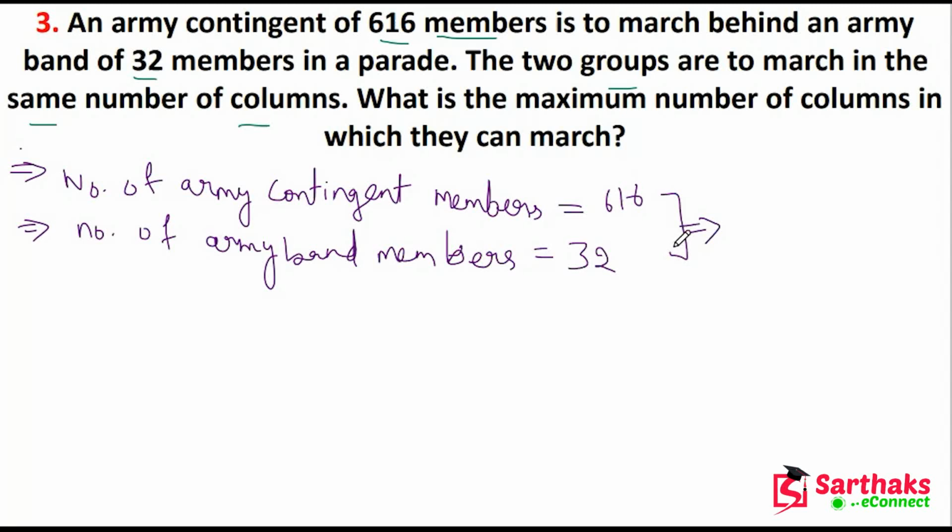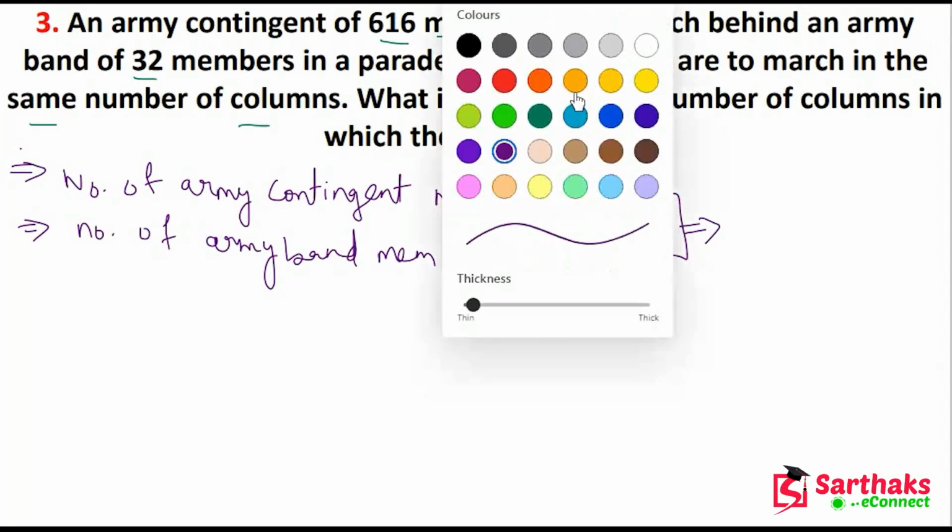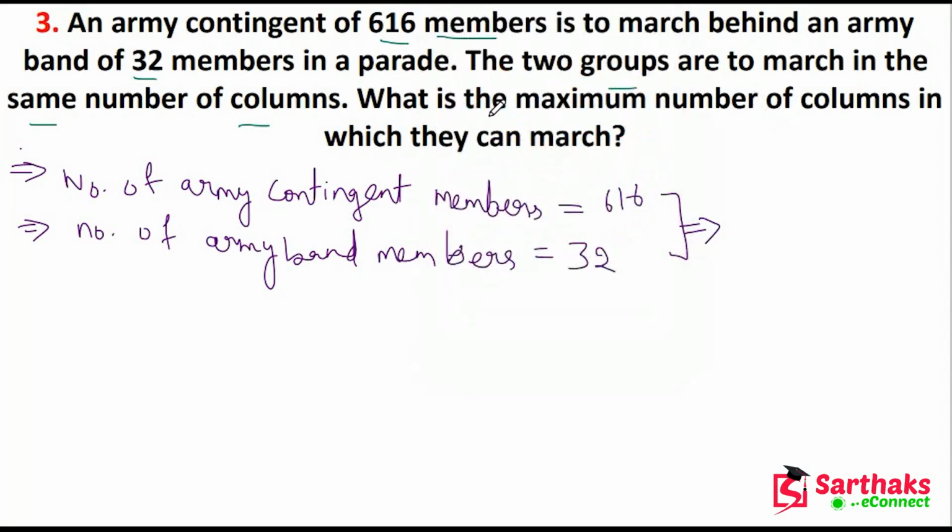By Euclid's division algorithm, we can find the HCF between 616 and 32. Listen to me very carefully. To find the HCF, we have two methods. First is Euclid's division algorithm, and the second is the prime factorization method, which will be discussed in the next lecture.